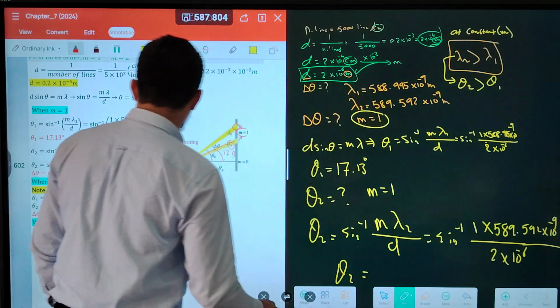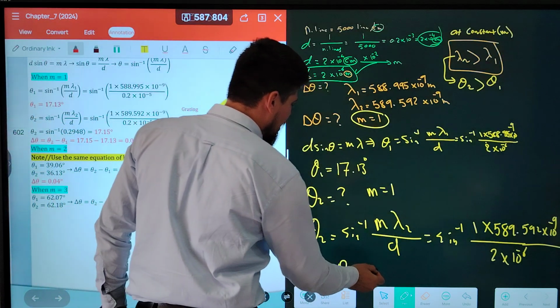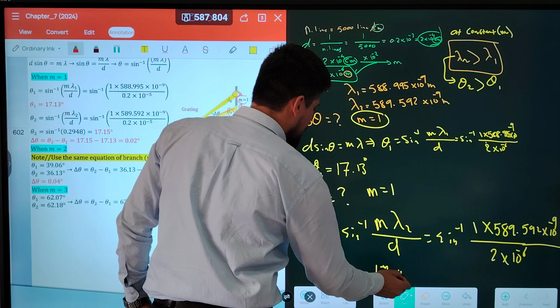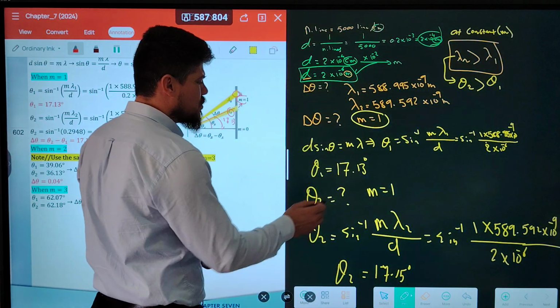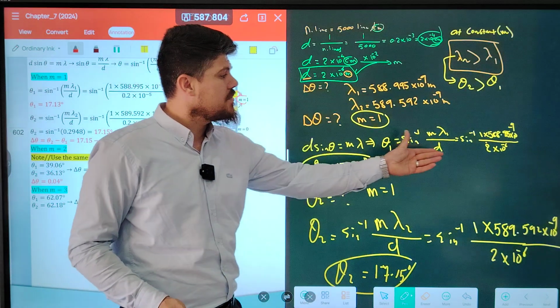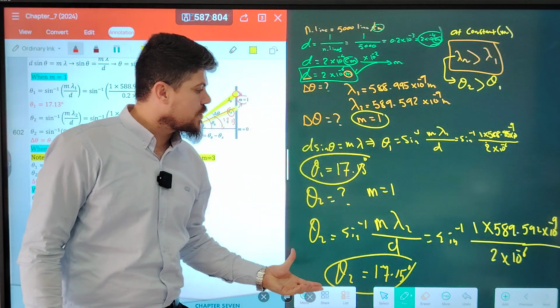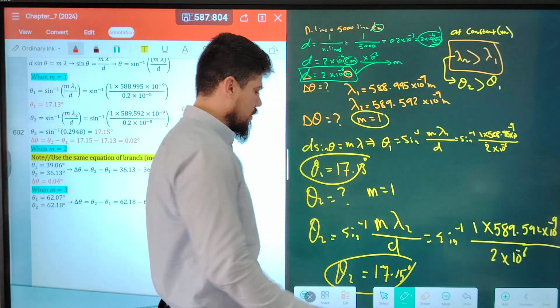You can see that theta 2 is equal to 17.15 degrees. There is a little difference between theta 1 and theta 2. Why? Because the wavelengths are very close to each other. That is why this separation is not too much. It's very small, okay?